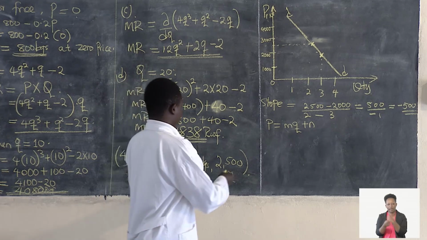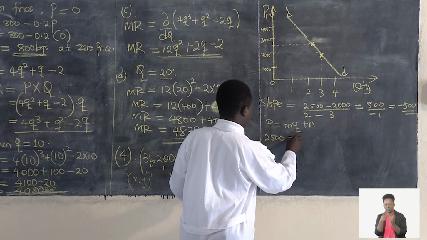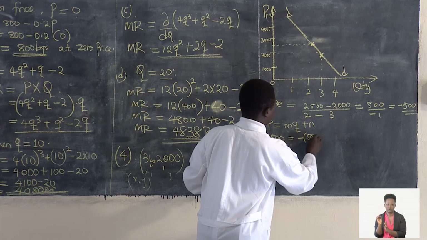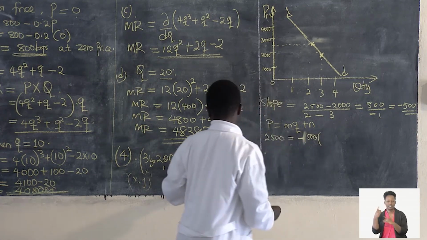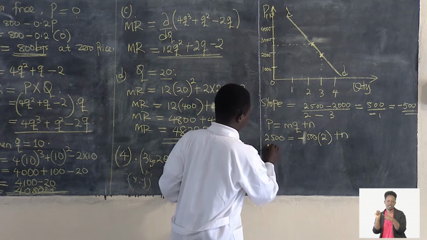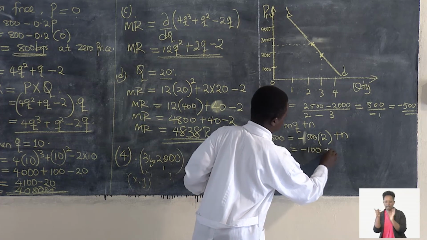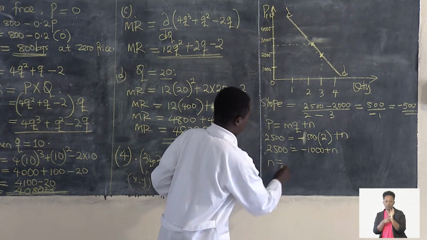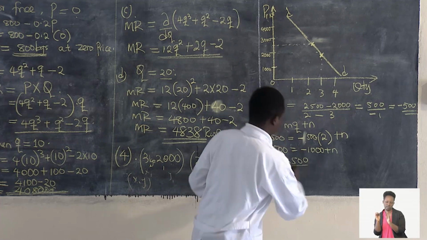If we use price being 2,500, equal to gradient, which we have as negative 500, times quantity demanded being 2, plus this n which we are looking for. So 2,500 will be equal to negative 1,000 plus n. So our n, which is a constant, will be 3,500.